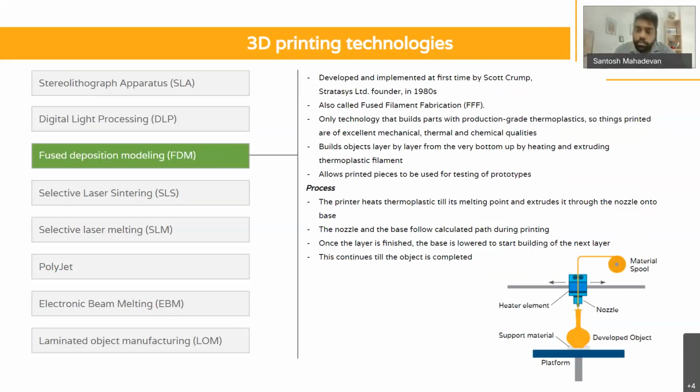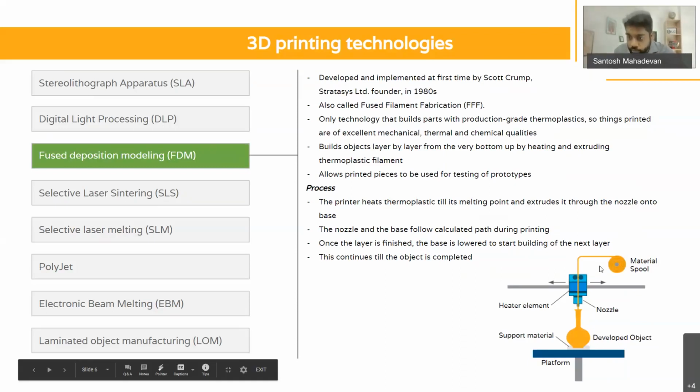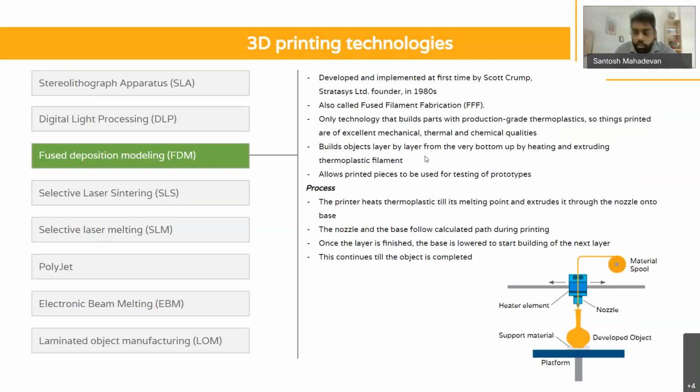Now, as with the other slides, I would like you to focus on the image on the slide. In the previous case, we had liquid stored in a vat, but in this case we have a thermoplastic in the form of a wire. You can see the material spool here. This is basically like a bobbin, kind of like the thread wound around a bobbin in a tailoring shop.